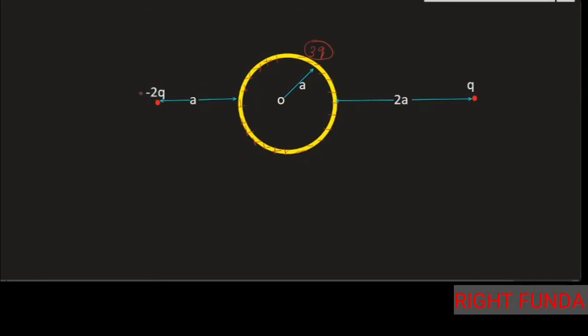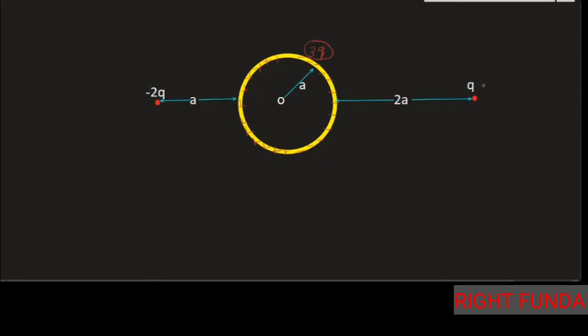So this 3q charge is there, and this minus 2q charge is there. They will produce field everywhere, toward this charge. The charge q will also produce field everywhere, directed away from it. But what will happen to the field inside? Yes, we know that the outside charges do not have any effect on the field inside the conductor.